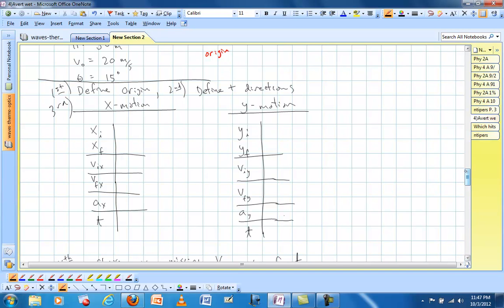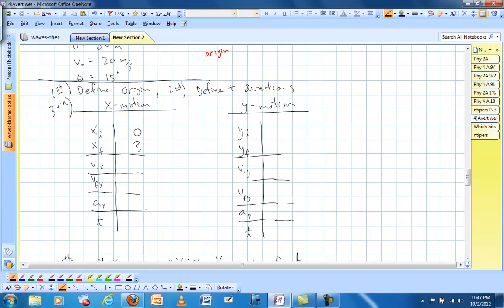In this case, it's a two-dimensional problem, so I'm going to split up the motion into x and y variables. All right, x, where does it start out? It starts out at x equals 0. And where does it end up? Well, that's what we're trying to figure out, isn't it?